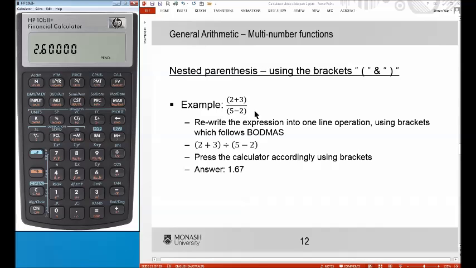So my suggestion is to rewrite the expression into one line with the corresponding brackets. Then press the numbers into the calculator with the brackets accordingly. The open and closing bracket buttons are situated below the RM and M plus buttons.